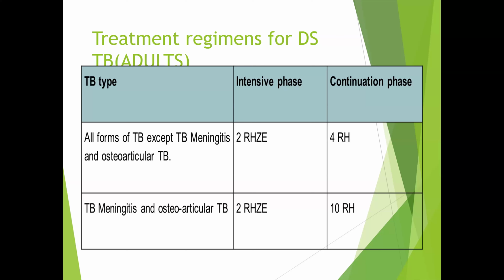For TB meningitis and osteoarticular TB, the regimen takes 1 year: 2 months of rifampicin, isoniazid, pyrazinamide, and ethambutol, and 10 months of rifampicin and isoniazid. This is the guideline for TB treatment in adults. There is a revised one for TB in children, where stable children go for treatment for 4 months, but we did not cover it here.